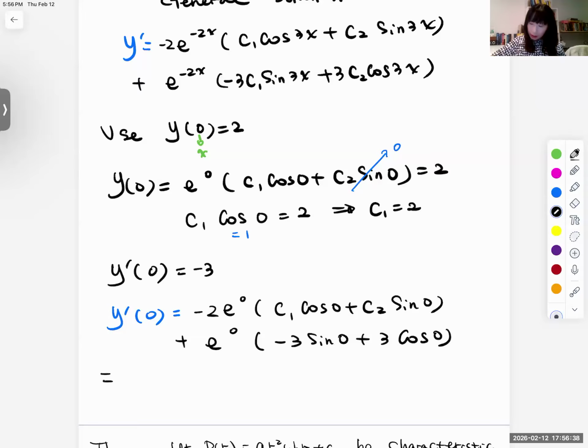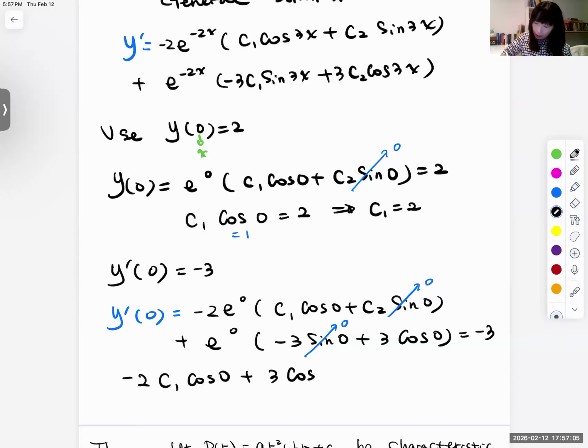Hold on 1 second. Sine 0 is 0. So we have negative 2. Oh, equal to what? Negative 3, right? So there will be negative 2 and c sub 1 cosine 0 plus 1, then 3 cosine 0 equal to negative 3, right?